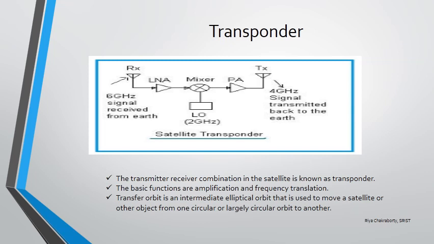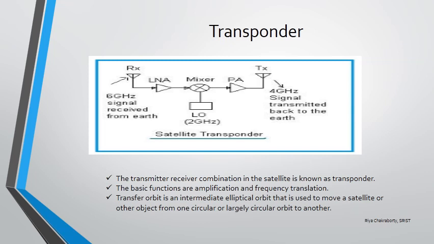Communication satellites are instead relay stations for other sources. If a transmitting station cannot communicate directly with one or more receiving stations because of line of sight restrictions, then a satellite can be used.